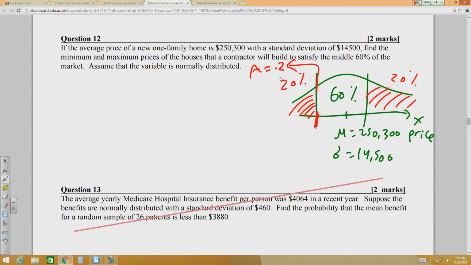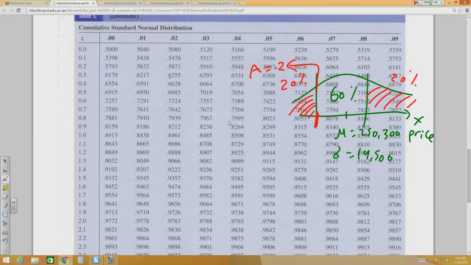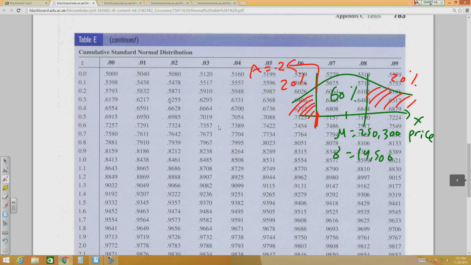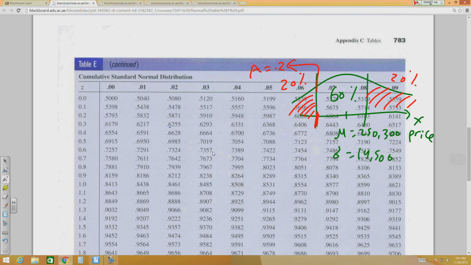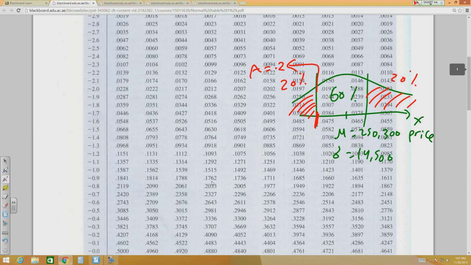So now you have area 0.2. After this analysis, you can just go to the table with area 0.2. Where is 0.2 here? Remember, we're looking at the area somewhere here. Yeah, between these two values. Which one is closer to 0.2?